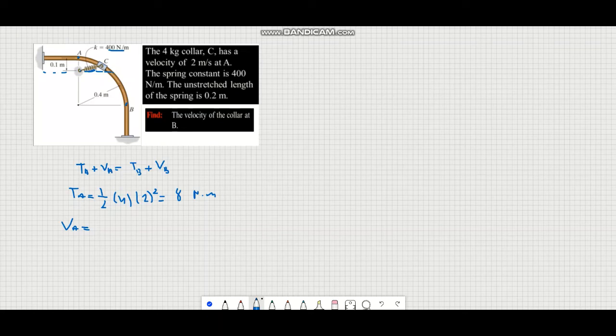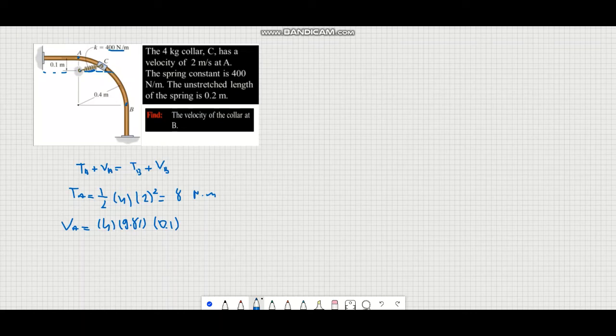Now the potential energy of this point. If we take the datum at this point, the height is 0.1 meter in the positive direction, so the gravitational potential energy is m g h, where m is 4, g is 9.81, and h is 0.1 meter.